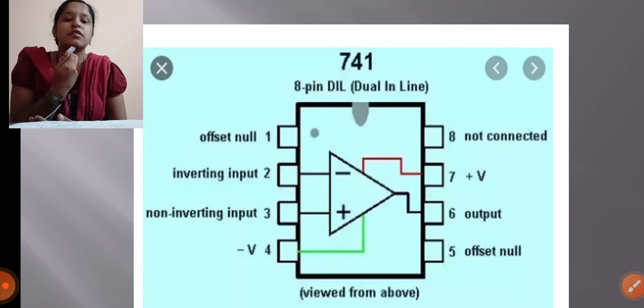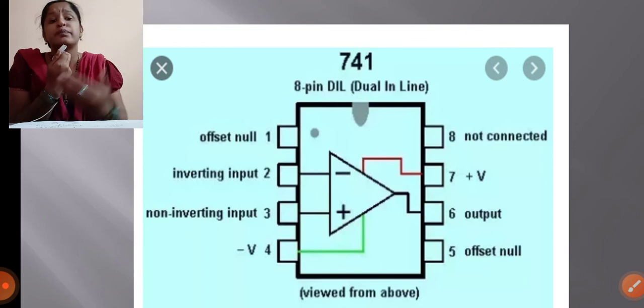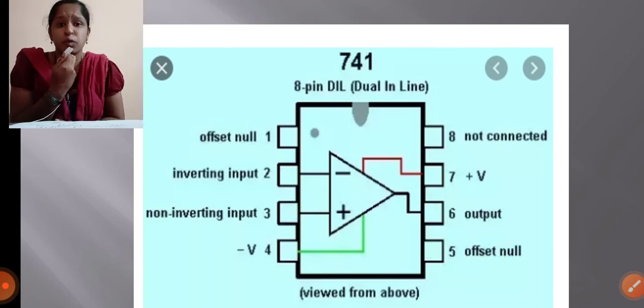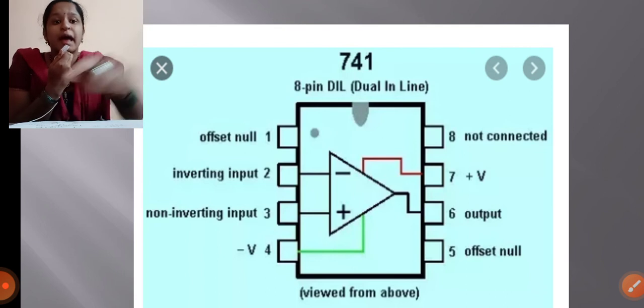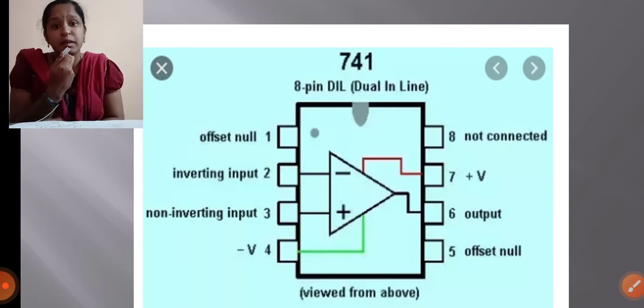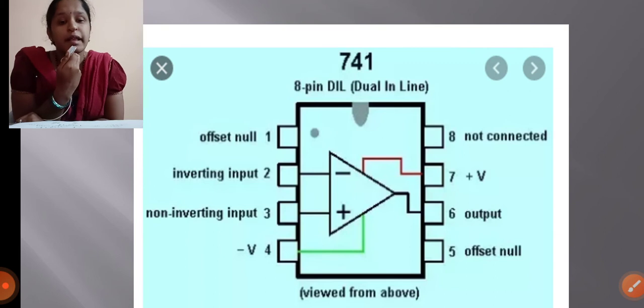For example, if you are giving the inverting terminal 2 volt and the non-inverting terminal 1 volt, the difference is 1, right? With 1 as the input here, will you get 1 at the output? No, some distortion is there.